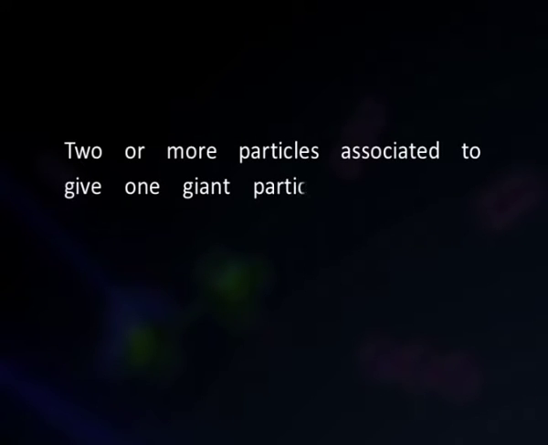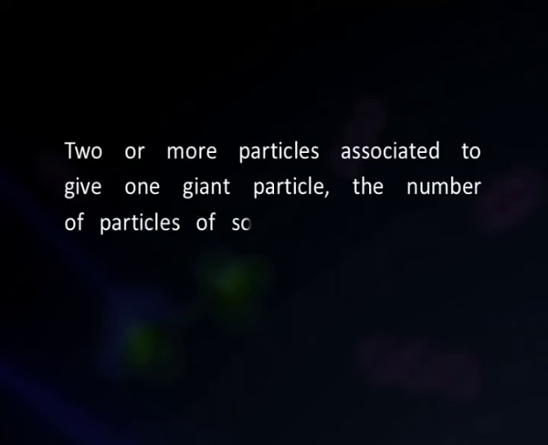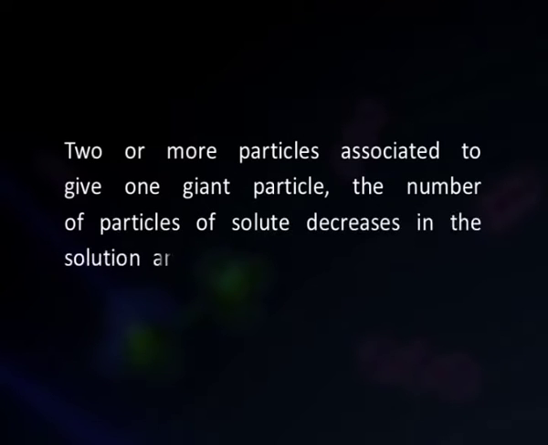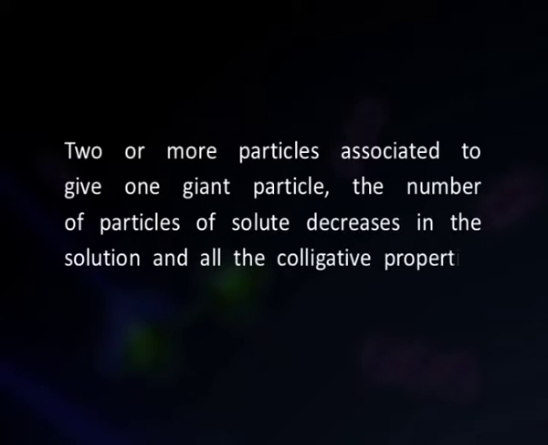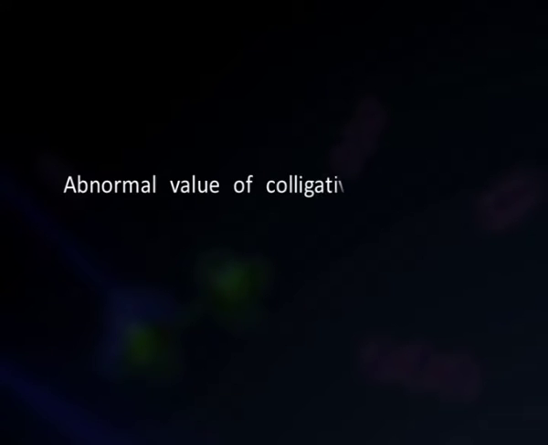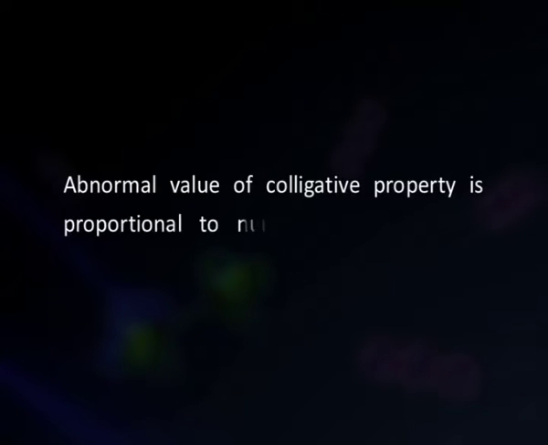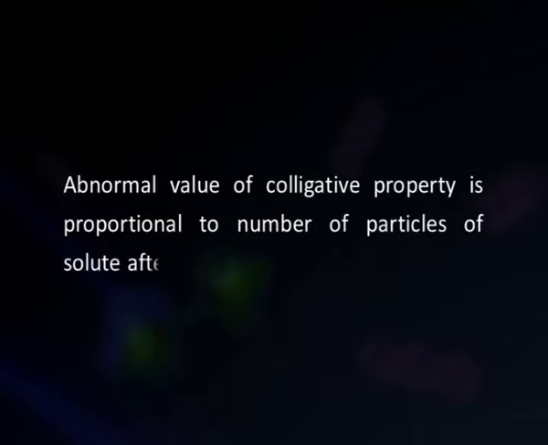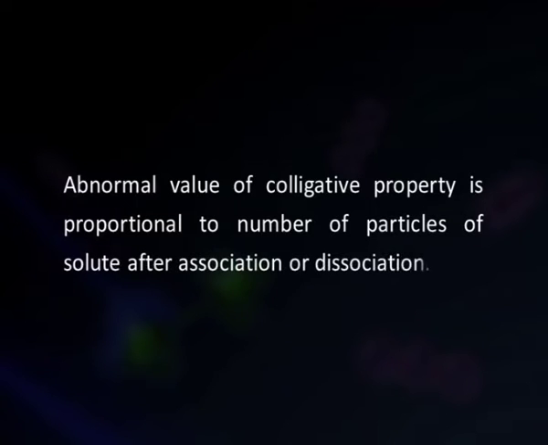In case of association, two or more particles associate to give one giant particle. Hence, the number of particles of solute decreases in the solution and all the colligative properties also decrease. Thus, the normal value of colligative property is proportional to the number of particles of solute originally taken, and the abnormal value of colligative property is proportional to the number of particles of solute after association or dissociation.